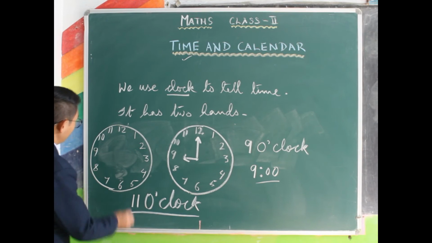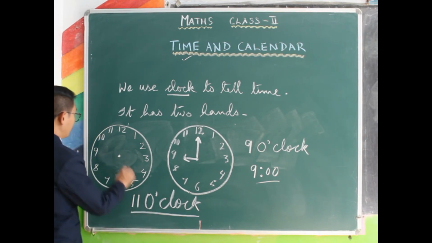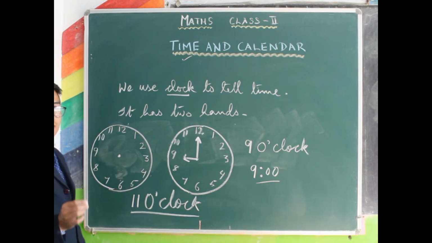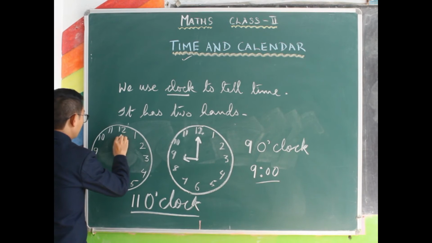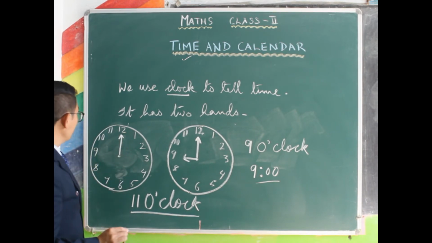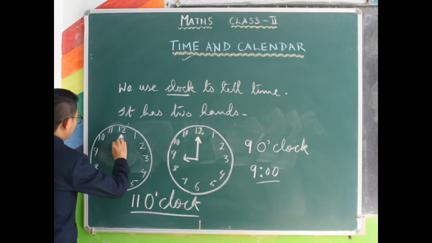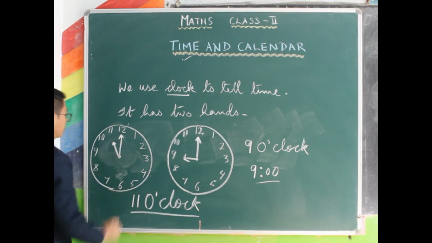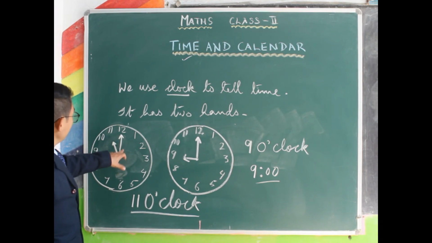Now, the question is asking you to draw sharp 11 o'clock. Your long hand always should be at 12. What matters is your short hand. See, the short hand is at 11 and the long hand is at 12.